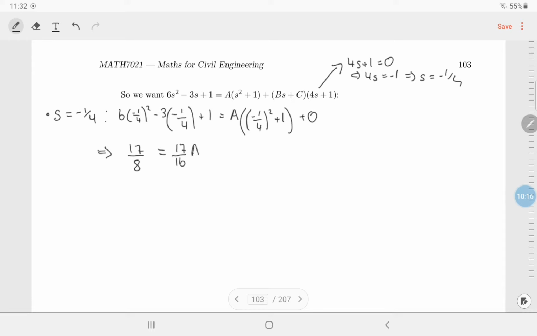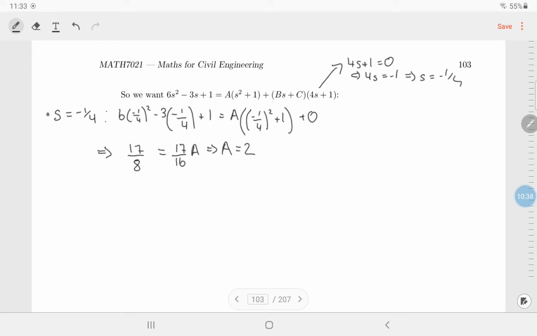Now you can mess around here and be smart, and you can multiply both sides by 16, but to be honest, the easiest thing to do is a is multiplied by 17/16, so just divide both sides by 17/16 and you will be done. It's a bit messy, but sure, that's what a calculator is good at. A equal to 2.